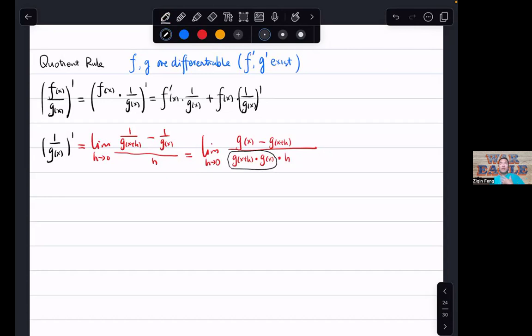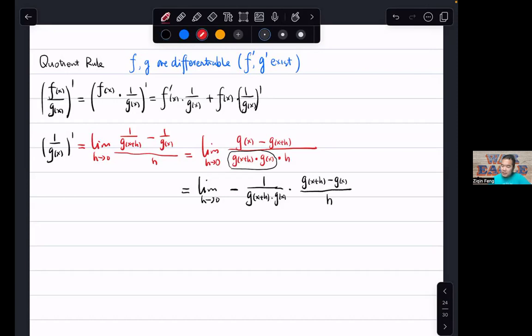If you want the limit, all you do is plug in 0. So this is equal to the limit as h goes to 0 of negative, we pull out the negative and change the order, 1 over g of x plus h times g of x, times the second group g of x plus h minus g of x over h.